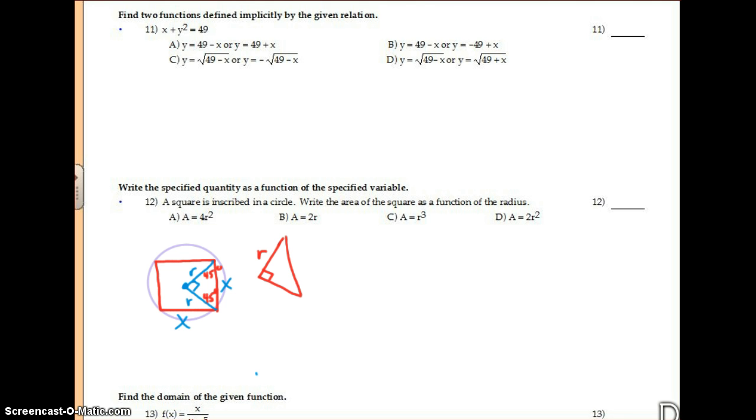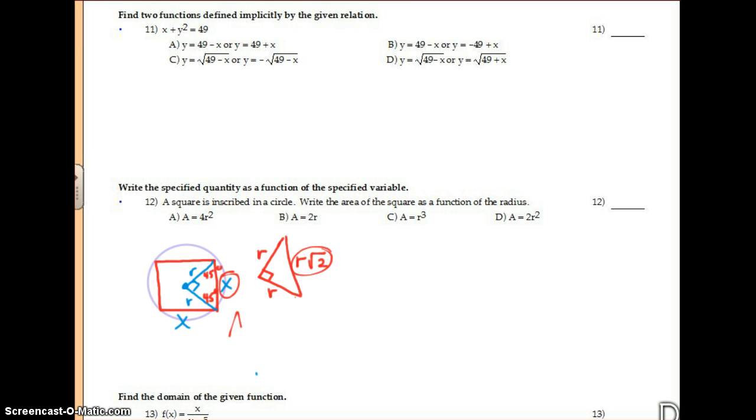So again, we have r and an r, and for 45, 45, 90, the two legs are congruent, and the hypotenuse would be whatever the length of the leg is times the square root of 2. So that would be r times the square root of 2 as the hypotenuse, which in this case would be the same as our x.